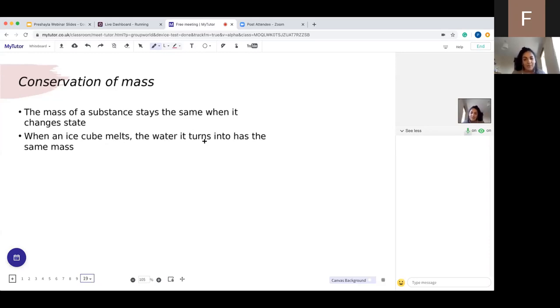When we're talking about these processes, we're talking about them in a quick scenario. So the mass that is lost to evaporation does need to be considered, but not in calculations. They won't really ask you to account for the mass that is evaporated. So yes, there is that consideration, but in calculations, don't worry about it.